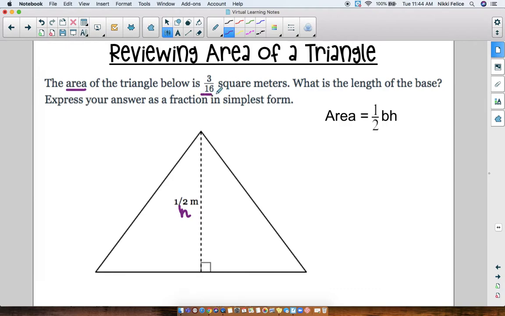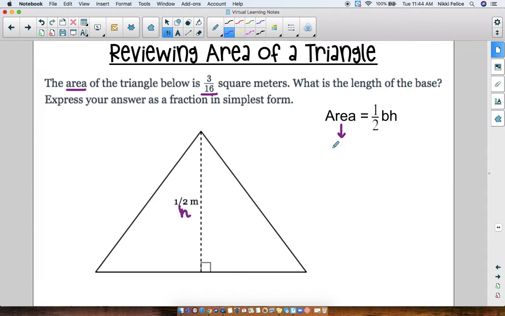It's 3/16 square meters. So remember, like we did the other day, we have the area, we have the height, we need to figure out the base. So we're going to plug in the numbers that we do know into this formula so then we can solve for the number that we don't know. So the area, I'm going to start plugging in.